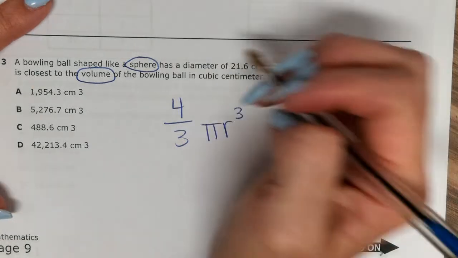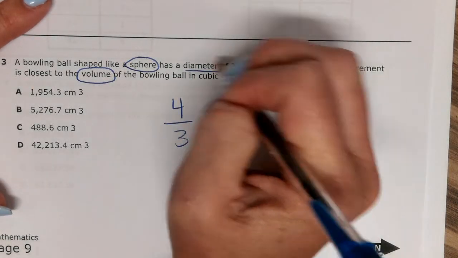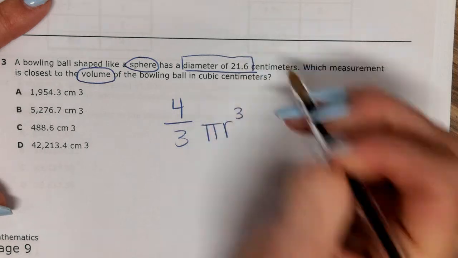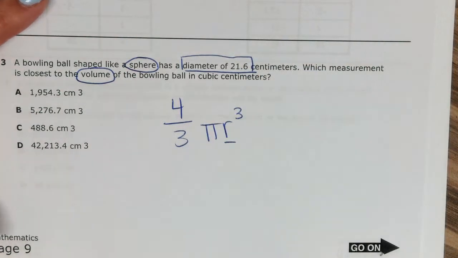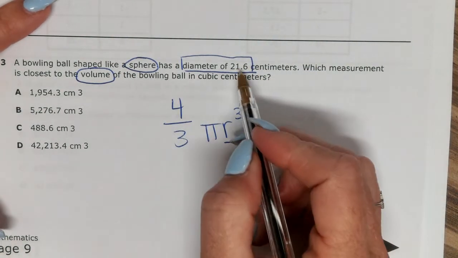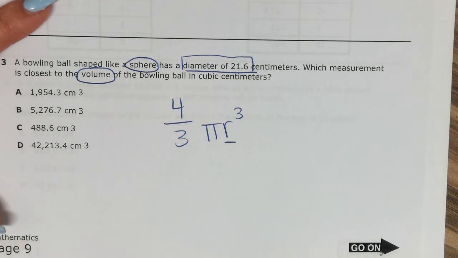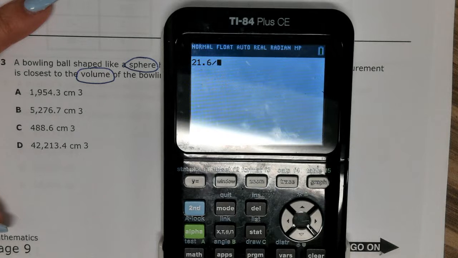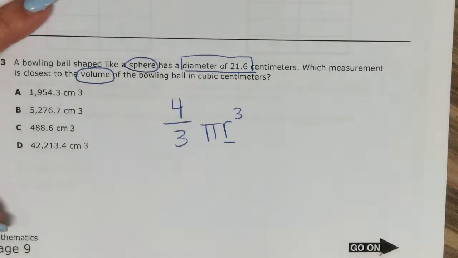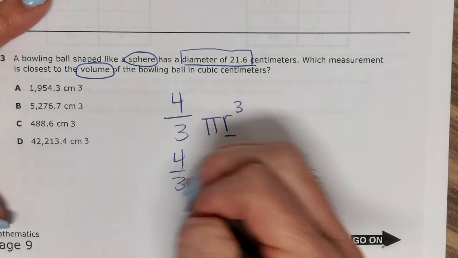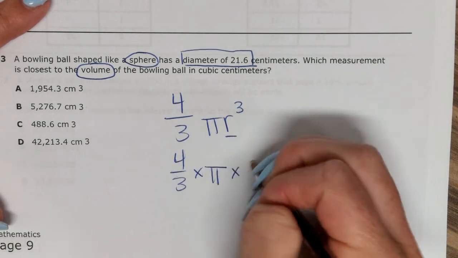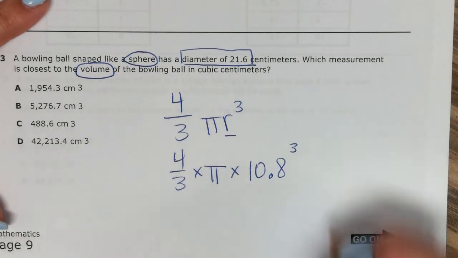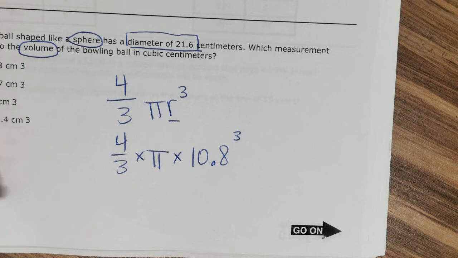And they gave me the diameter is 21.6. Do I need diameter or do I need radius? So what do I have to do to that number? All right, 21.6 divided by 2 is 10.8. So I'm going to do 4/3 times pi times 10.8 to the 3rd power. Write that down if you missed it.